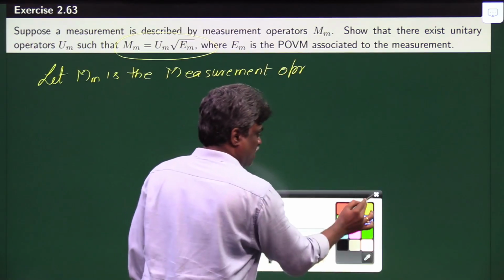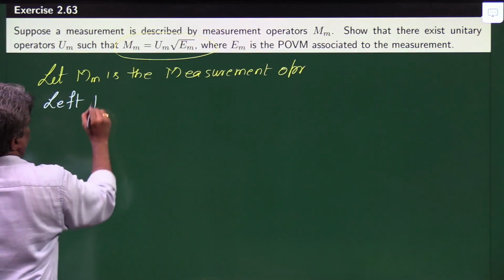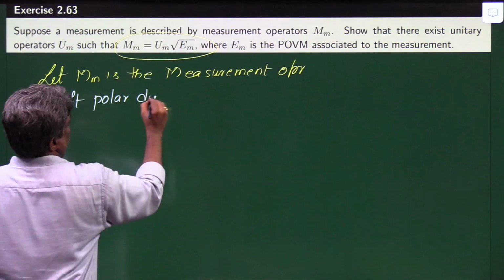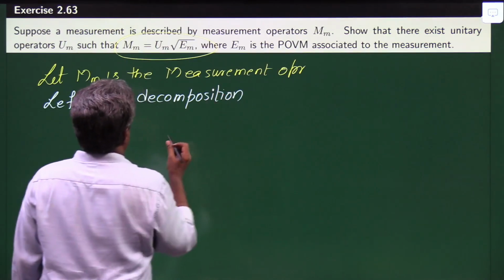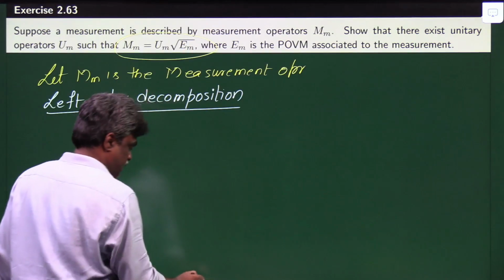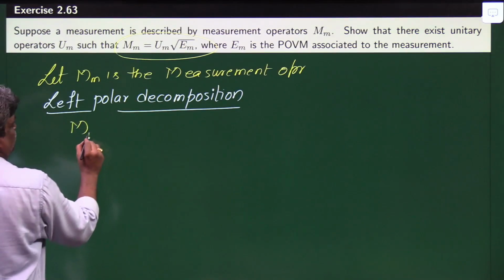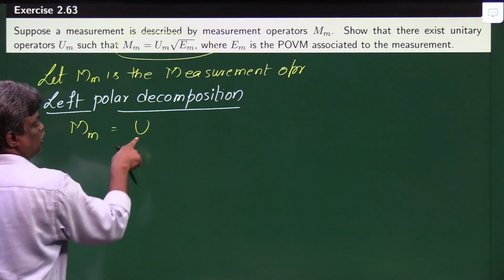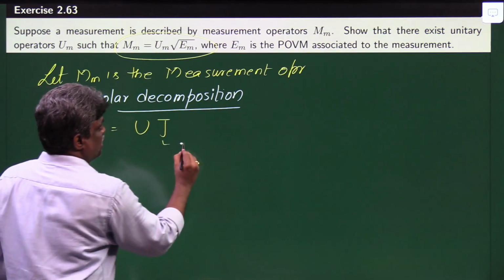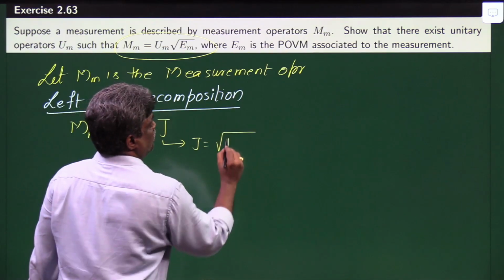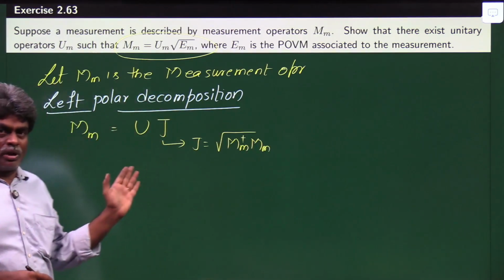In earlier classes we have already discussed the left polar decomposition, so I'm taking that left polar decomposition. I request you please attend those earlier problems. According to the left polar decomposition, M can be written as U times J, where U is unitary on the left side, and J is nothing but under root of M dagger M, which is the definition of a left polar decomposition.